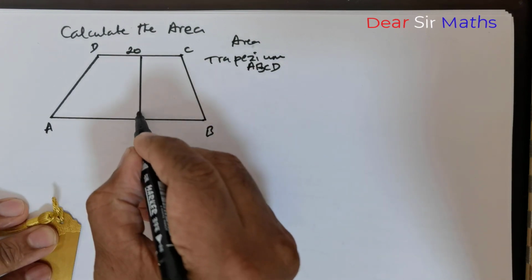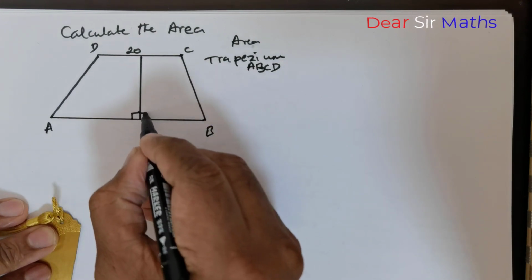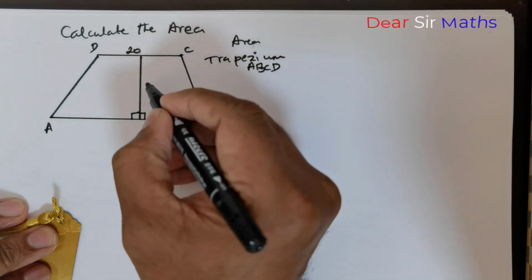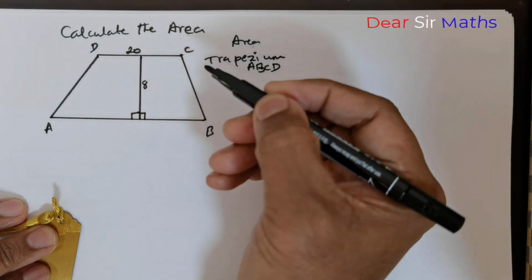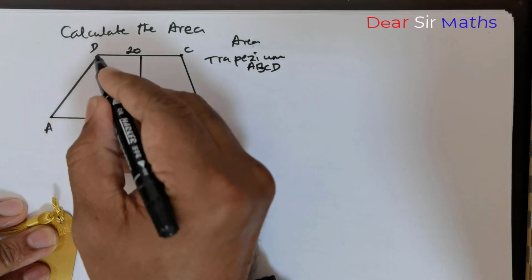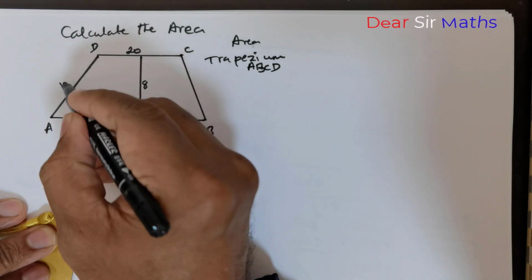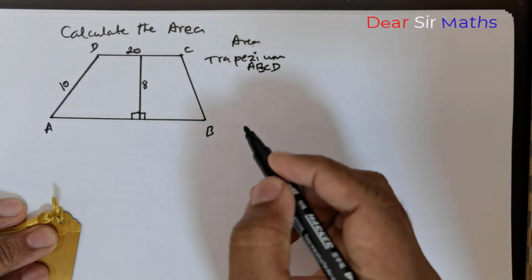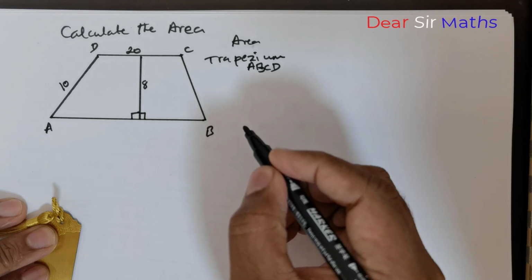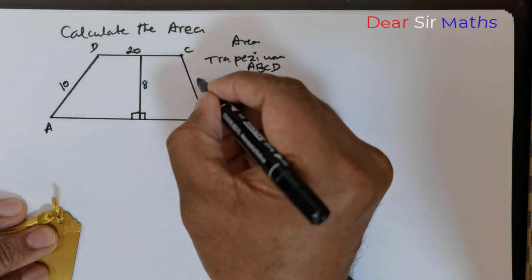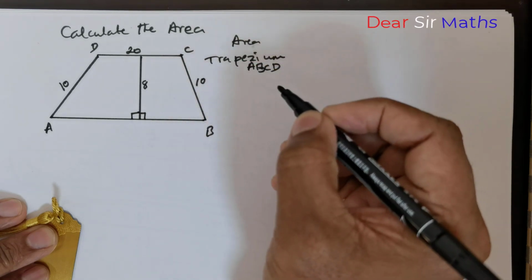This is 90, this is also 90, right? And this height is given to be 8. This side is given to be 10, and this side is also given to be 10.